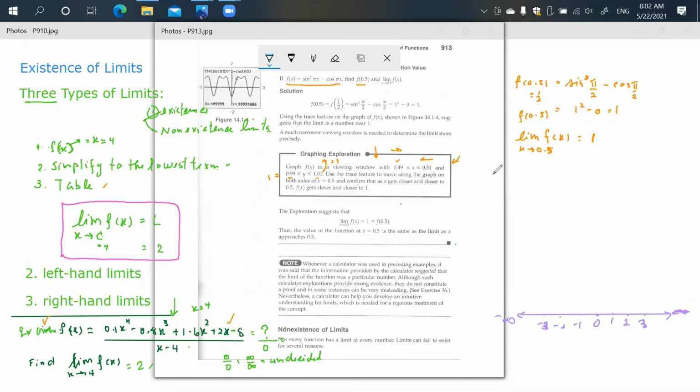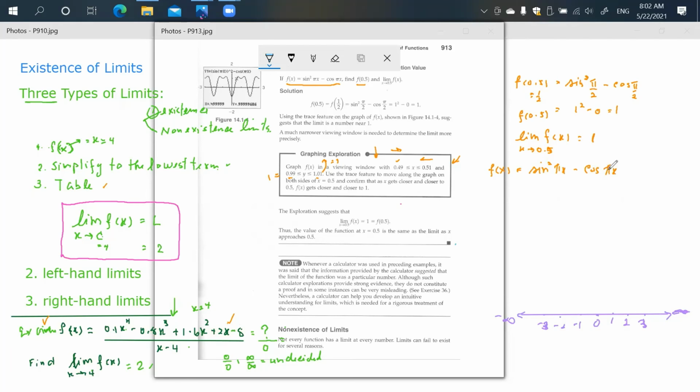So in this case we use the properties of limit, and we can write it down this way. Let me rewrite here, okay? f of x equals sine pi x squared minus cosine pi x.